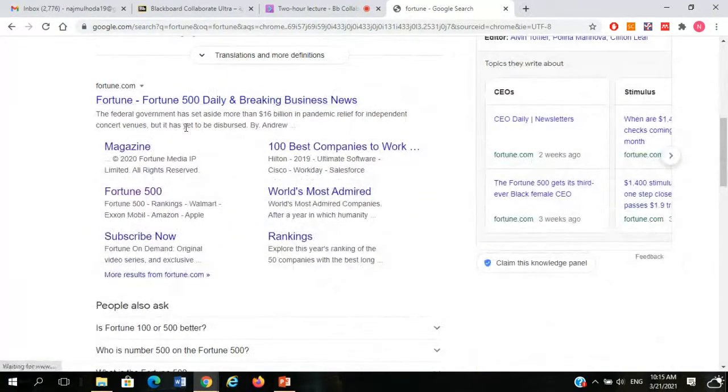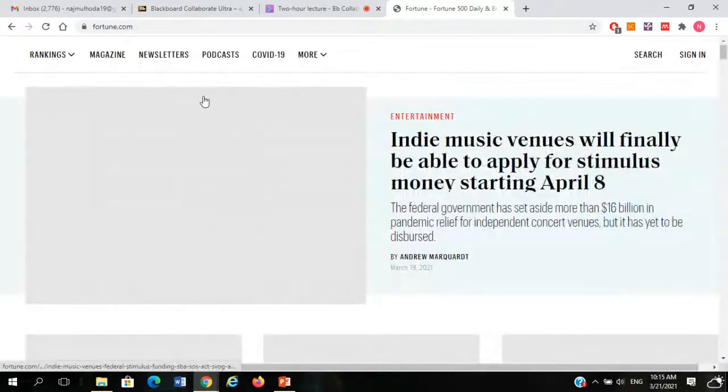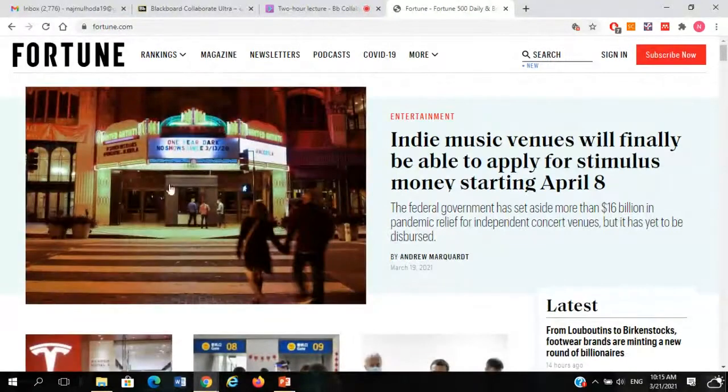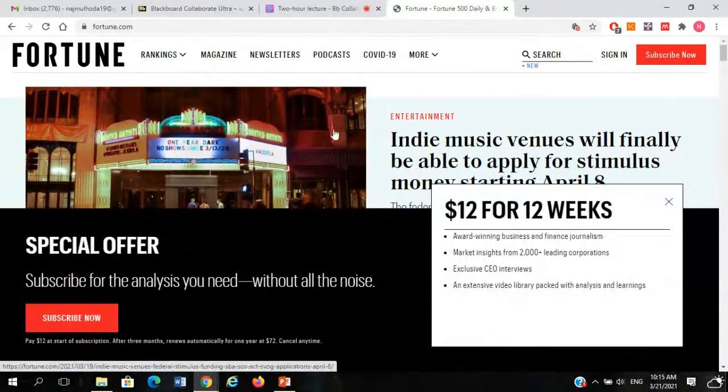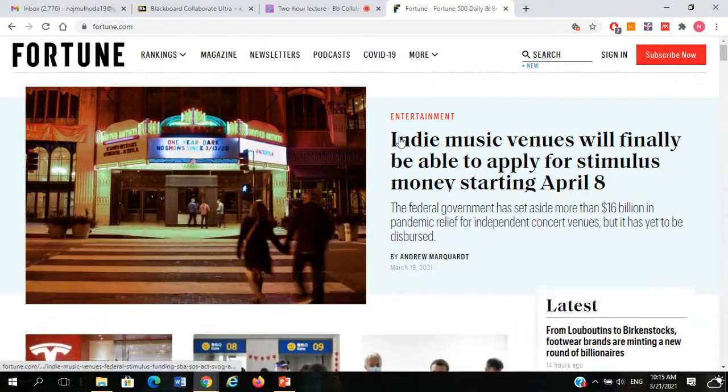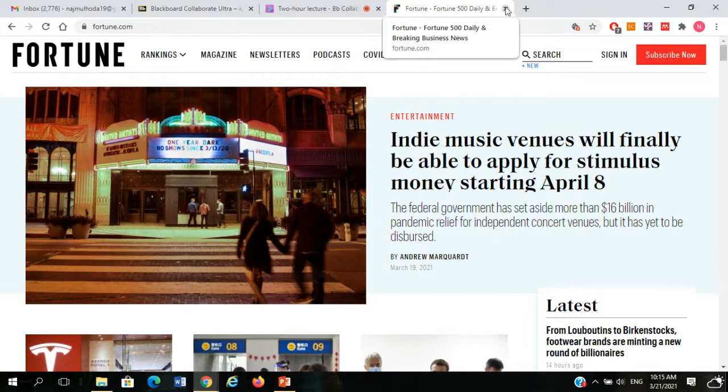See, this is Fortune. You should check these resources. Fortune, Forbes, CNBC. These are very important sources for business students because it is not just a local US-based magazine, but it covers everything around the world. What is going on in business in different industries?